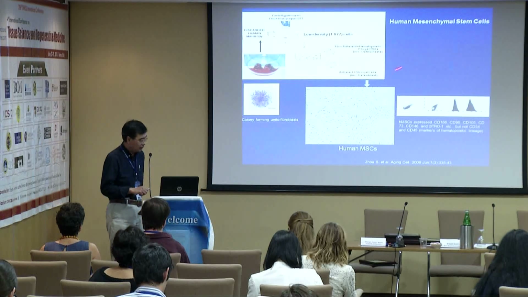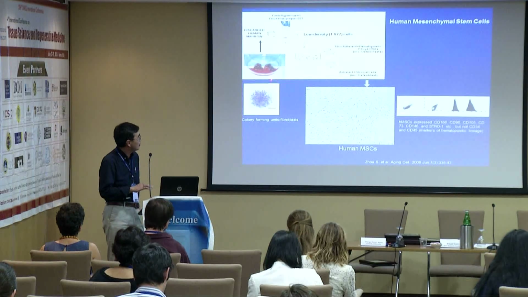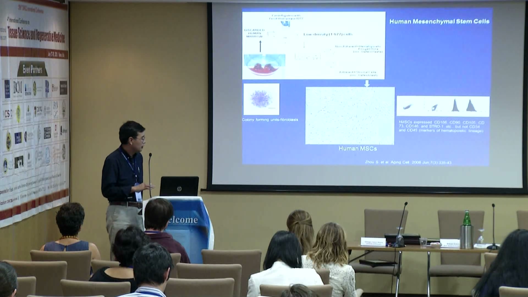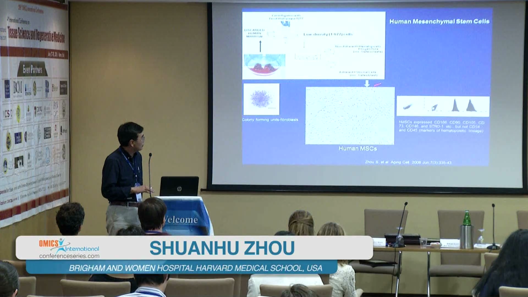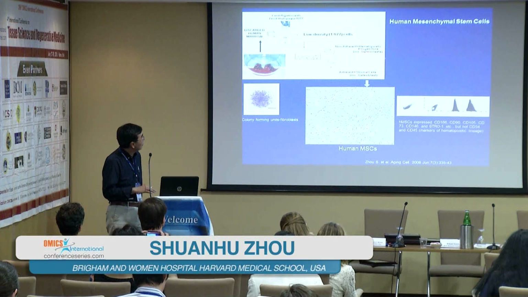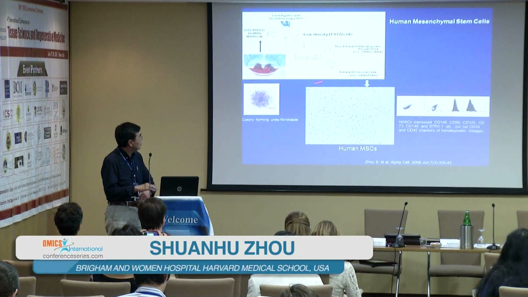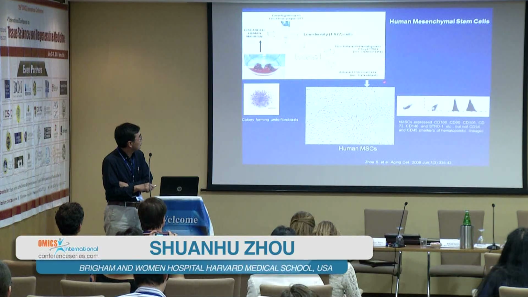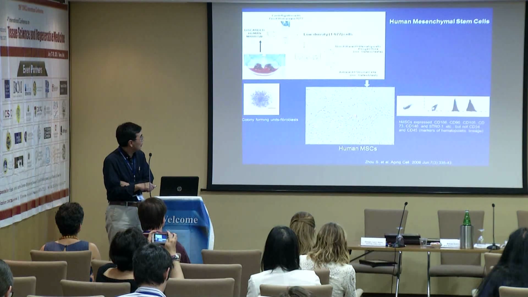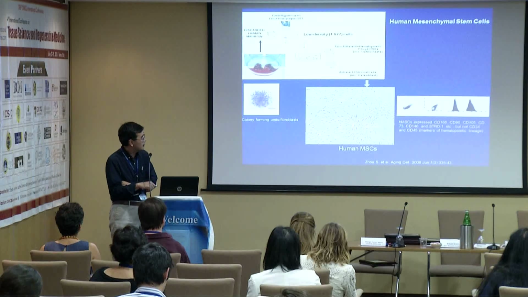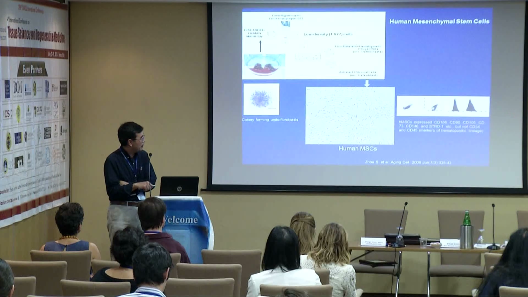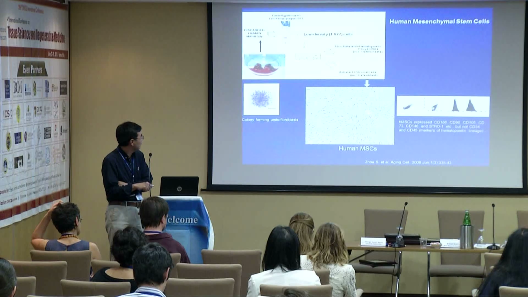Because bone marrow stem cells are very easy to isolate and culture in vitro, that's why we use them a lot in regenerative medicine. So that's how they look. They look like fibroblasts. They have some markers, so it's a marker pattern. To date there is no specific marker for these cells.